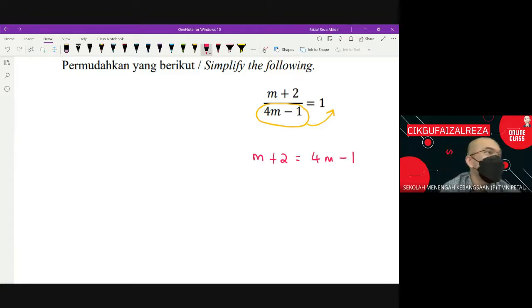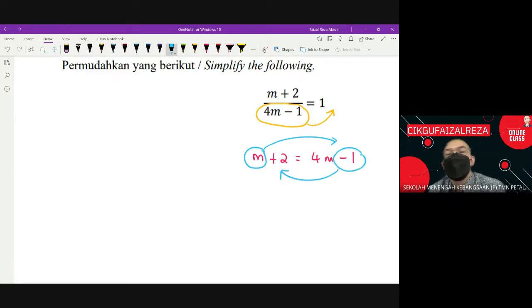Isn't it? So after that, we are going to put a like term. Means that for our m, we are going to bring with m. Okay, so over there, we are going to have -1, -2.